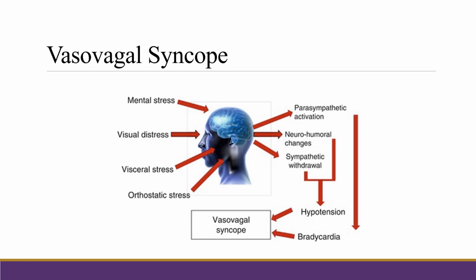So vaso being blood vessel, vagal being cranial nerve 10, syncope being they're passing out basically. So what happens here is we might see mental or visual distress, visceral stress, orthostatic, like you stood up too fast, and we'll see a parasympathetic activation, nerve and fluid changes, and then a sympathetic withdrawal, causing hypotension.